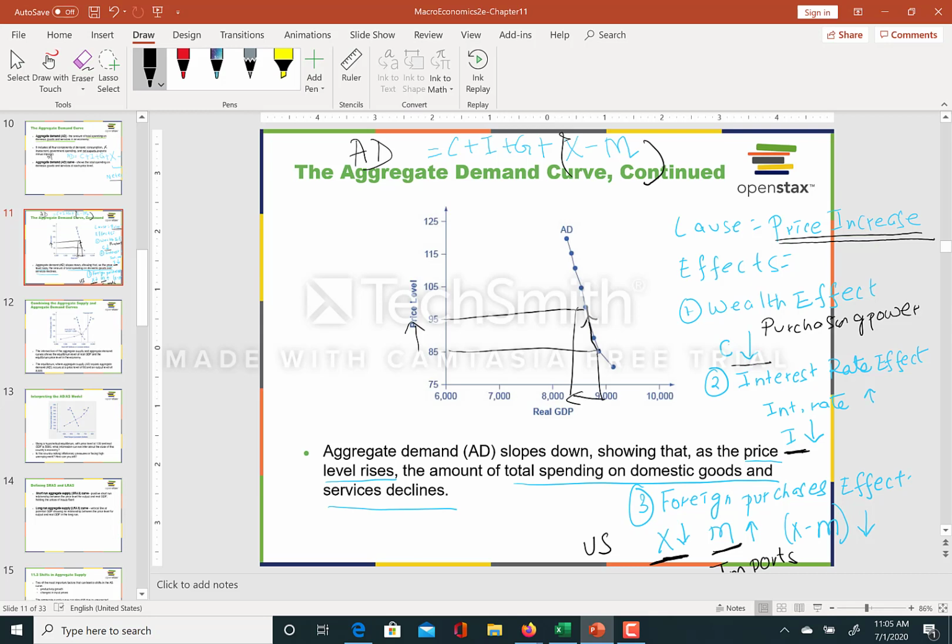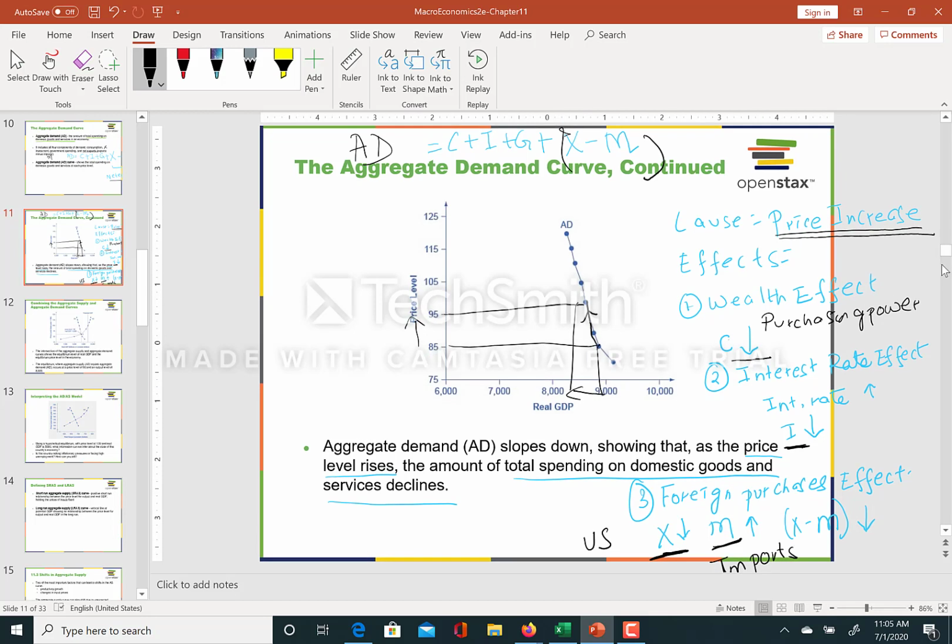And number 3, we have the foreign purchases effect. The assumption is the prices in the US are going up and prices in the rest of the world are staying the same. So we have access to cheaper foreign products, and products produced in the US are way more expensive than products produced internationally. So the US is going to import more and export less.